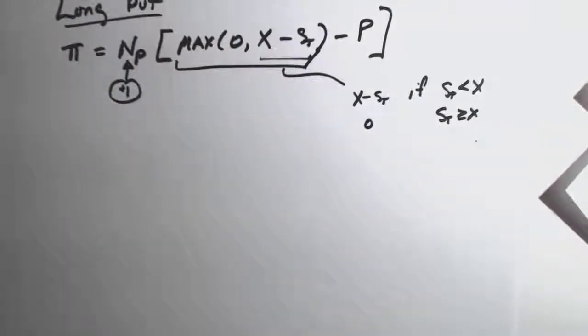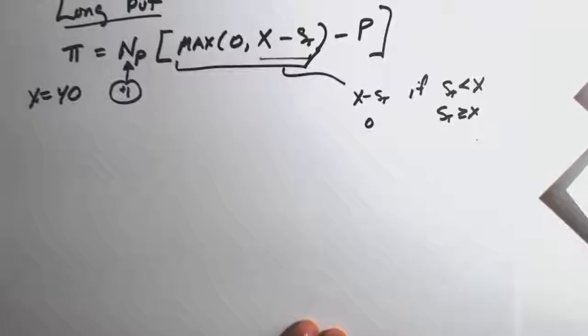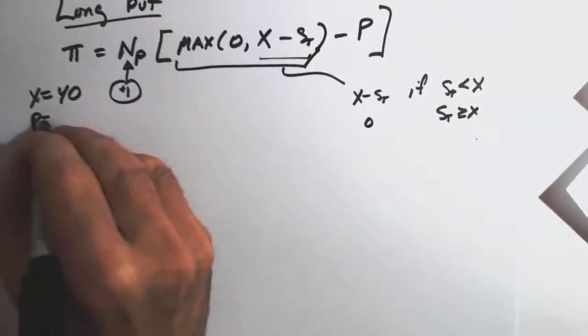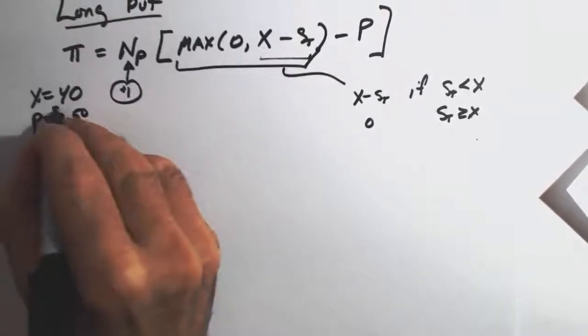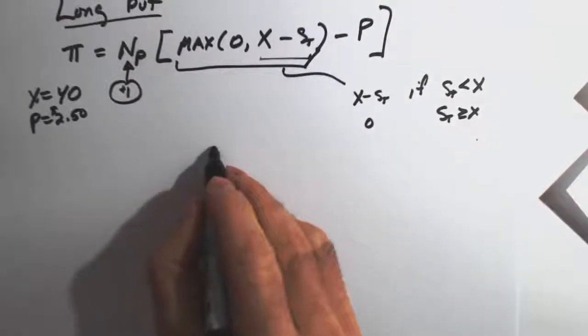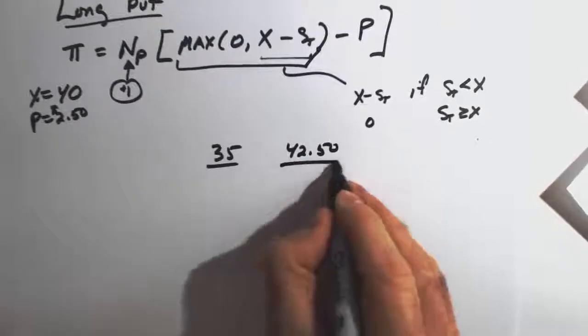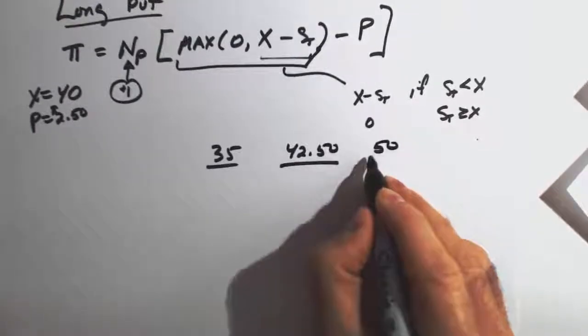Let's do an example. Let's suppose the trader owns one Z Foods put option with a strike of 40. So X is 40. The cost per share was $2.50. And the scenarios at expiration are going to be 35, 42.50, and 50 per share.